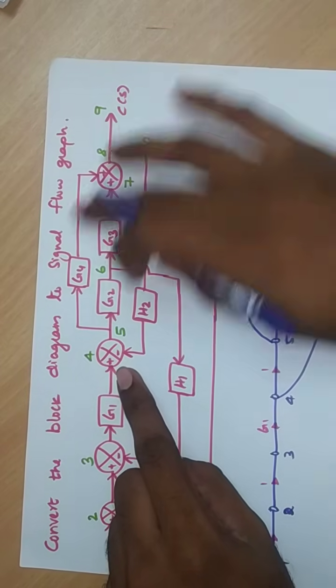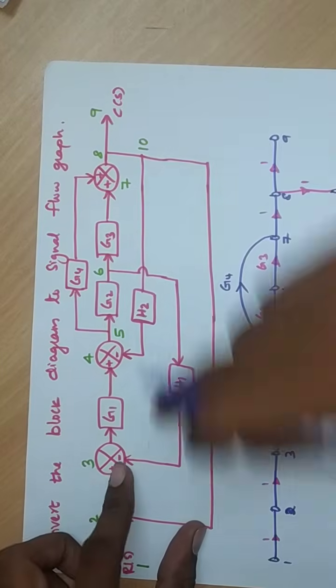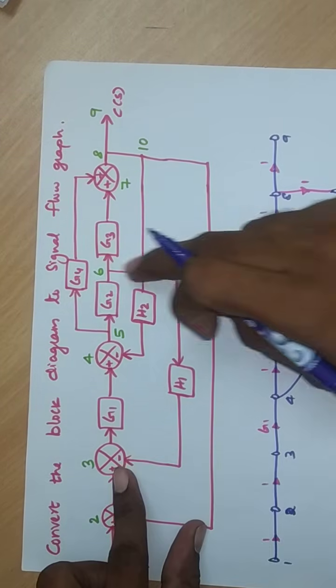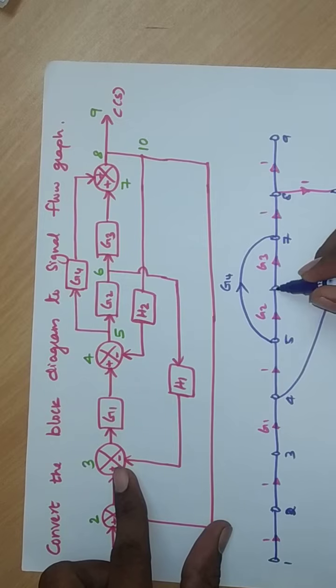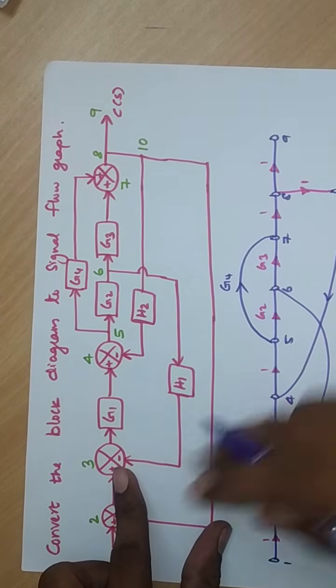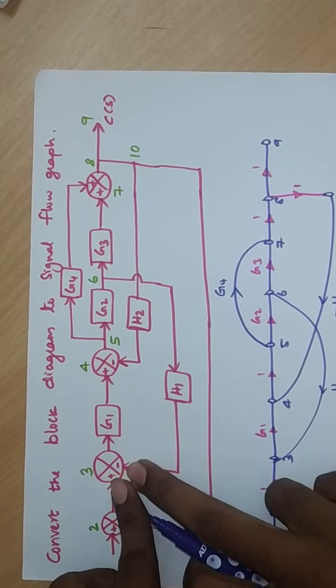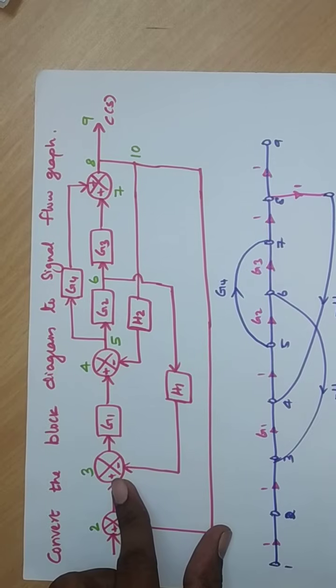Now this one is over. Now 6th node to 3rd node. We have one more branch, with the direction like this. This has the feedback gain H1, and this is also subtracted here, so minus H1.